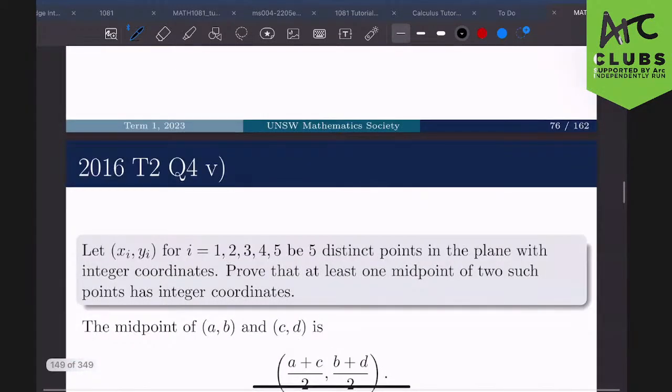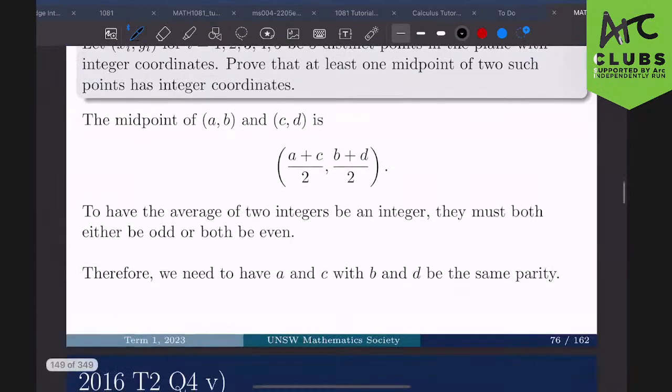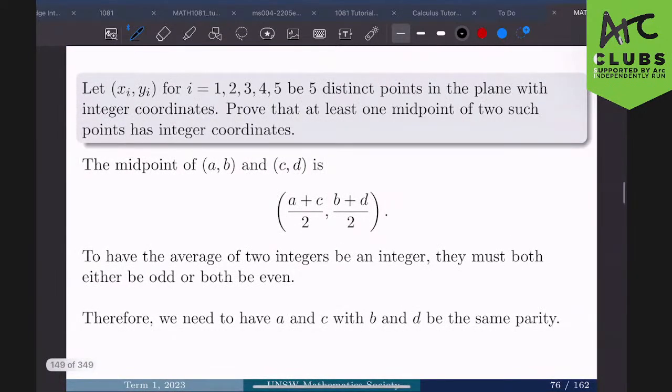But going back to this question, basically we can just define what the midpoint is first, right?